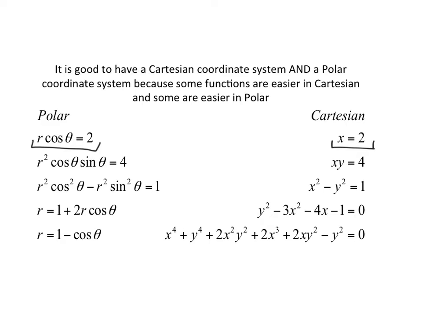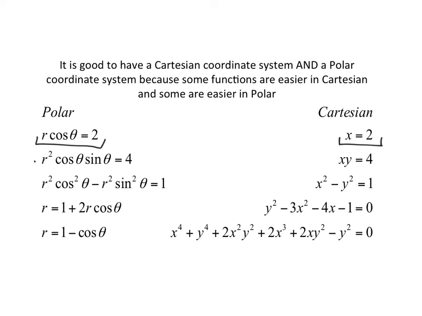The second one gets a little bit more complicated in polar. r squared times cosine theta sine theta equals 4 is the same function as x times y equals 4. So sometimes they are really complicated in polar format, but the Cartesian format is not as bad.